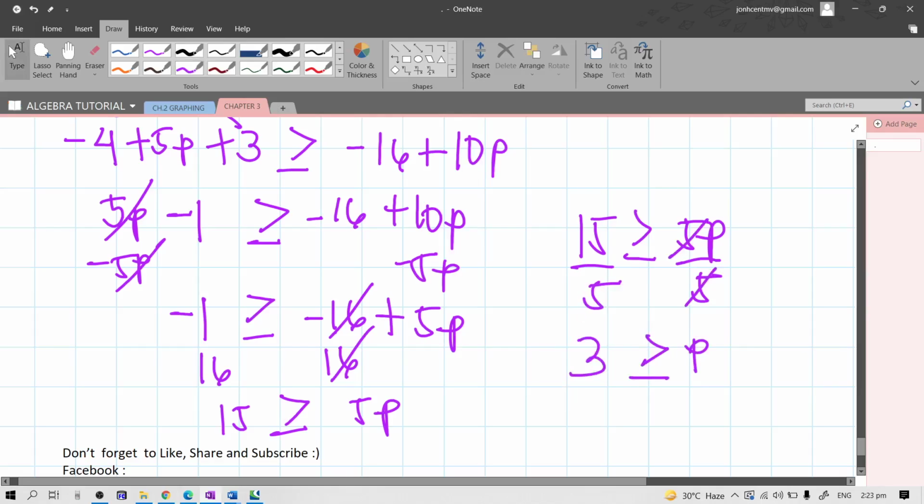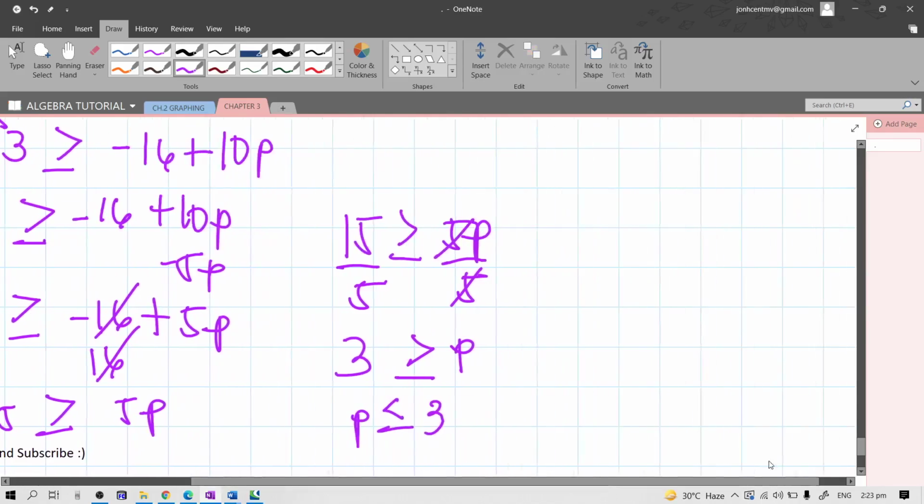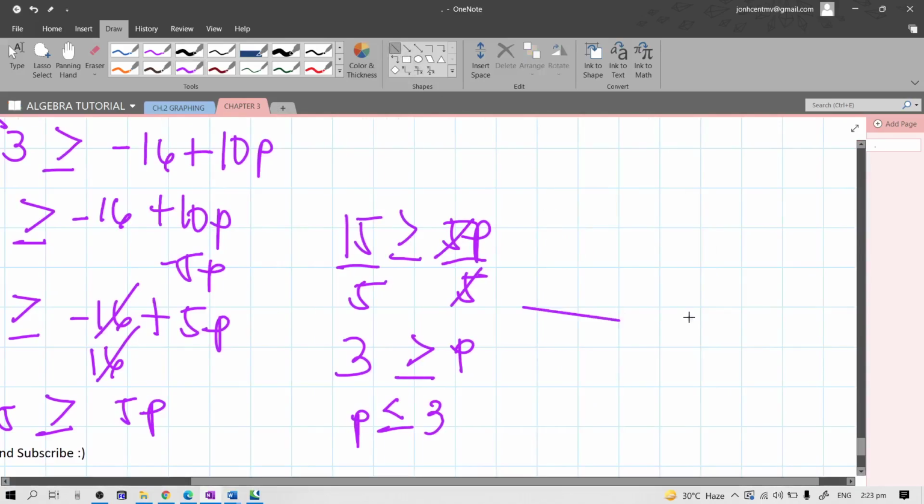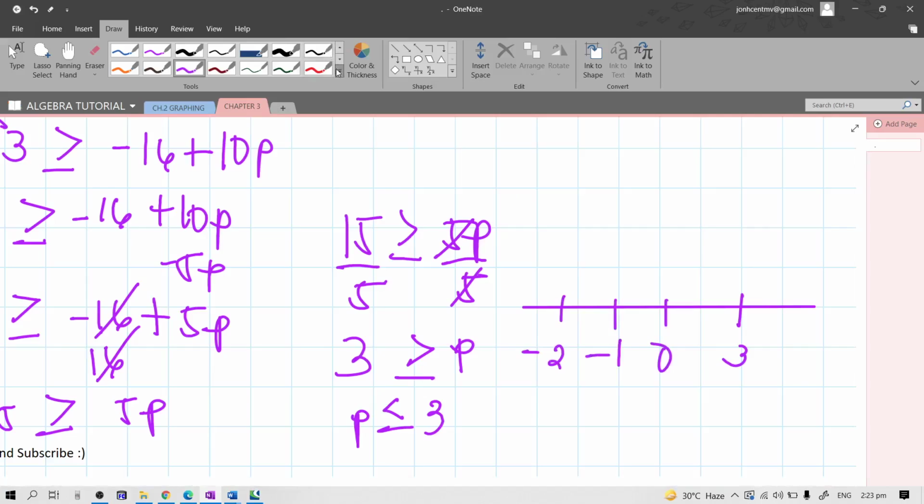Okay. So, to have the proper equation of the inequality, so, ganyan. So, graph it. So, we have 3, 0, negative 1, negative 2.